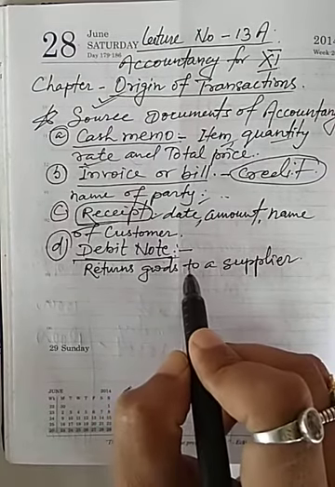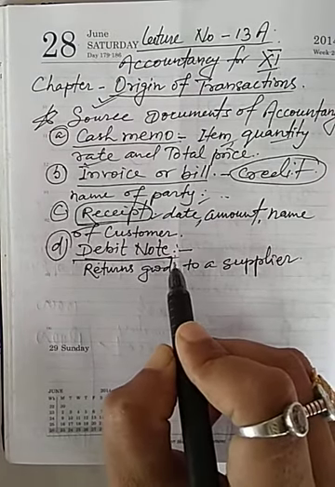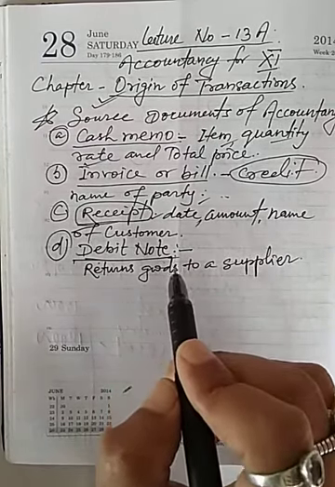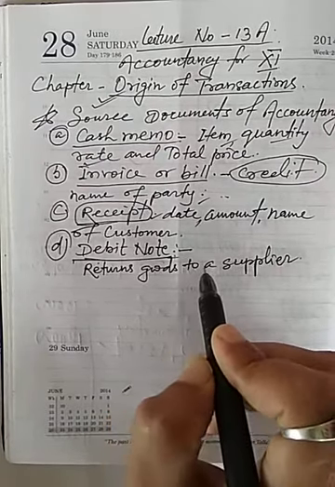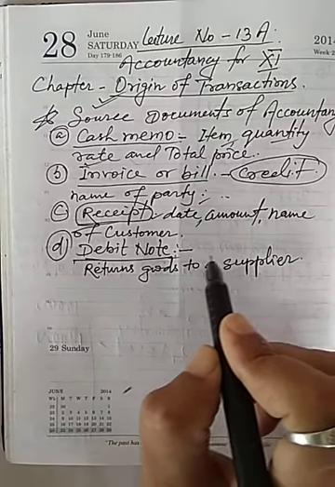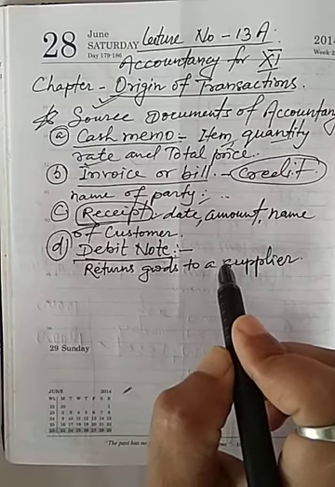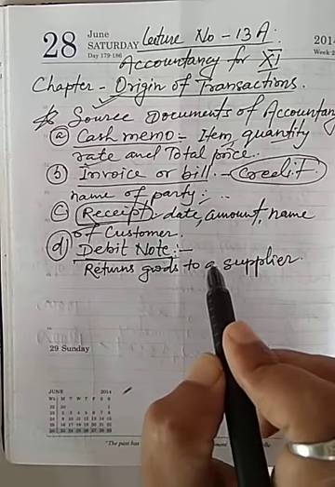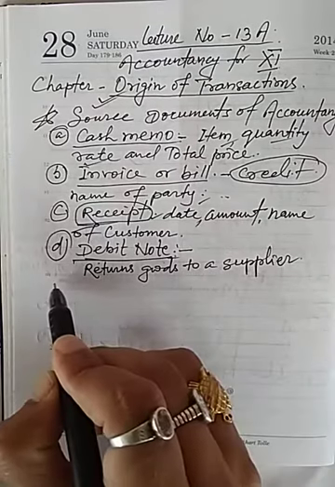It is a source document which contains the date of transaction, name of the account which is debited, the amount and the reasons for debit. A duplicate copy or the counterfile of the debit note is retained by us, on the basis of which the supplier's account is debited in our books.